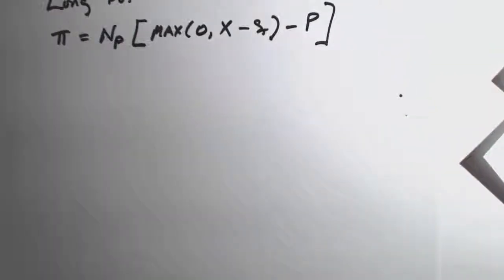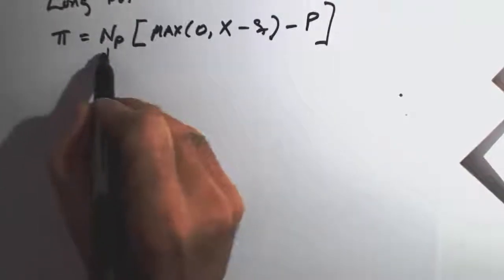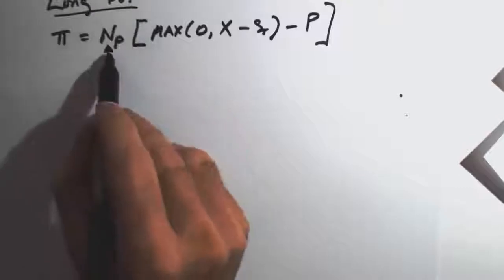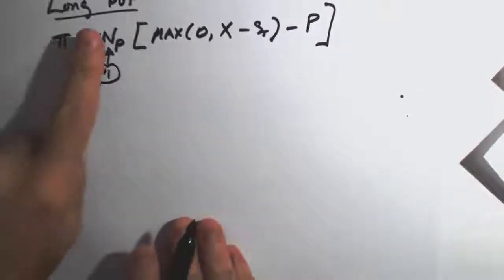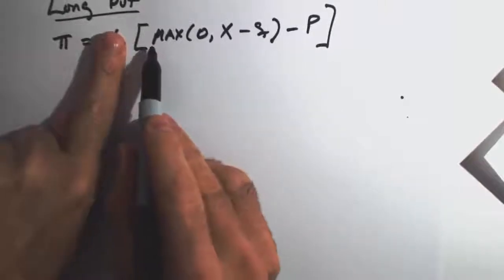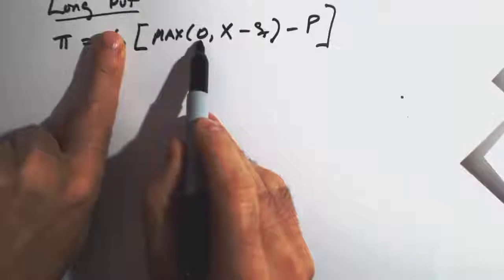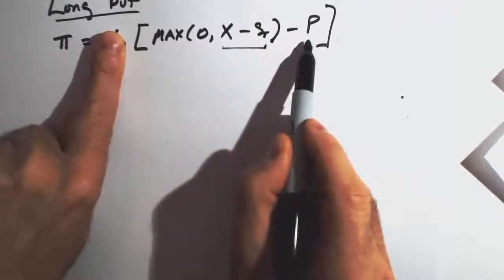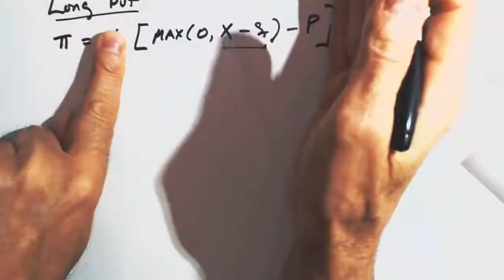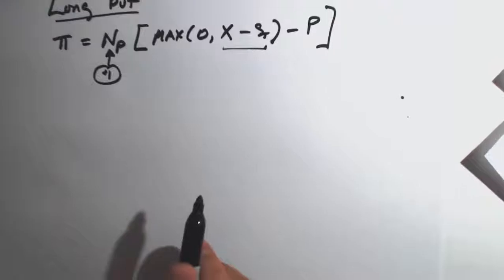With a long put, the number of puts will be a positive number, and we're just going to assume it's positive 1, so it kind of disappears. What we're left with is, when you buy a put, you get 0 if it's out of the money. You get this if it's in the money. This is the payoff, minus the cost. So this is your profit per share times the number of shares. In this case, it's going to be 1.